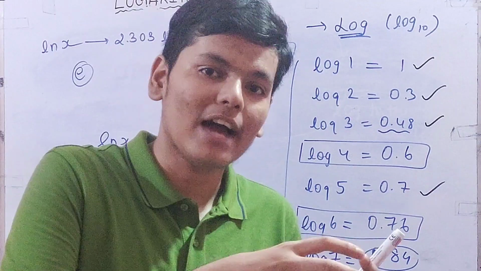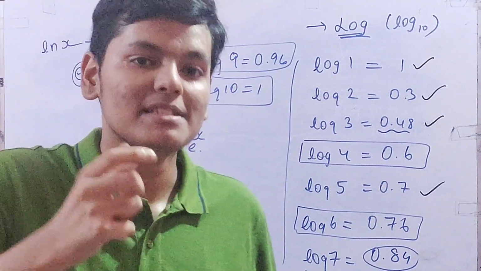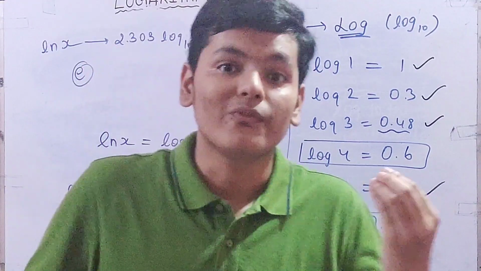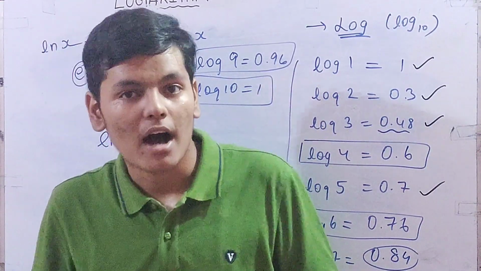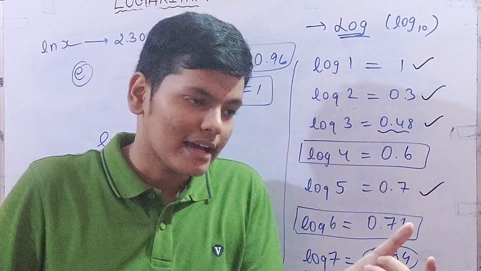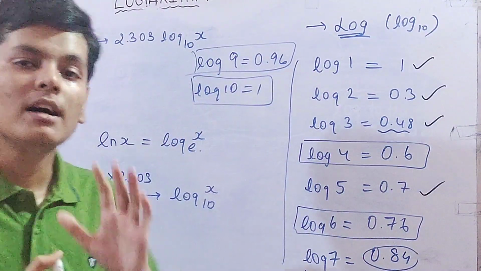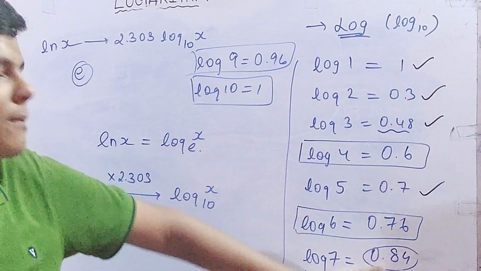It means that we do not have any starting thread of this topic; we just randomly started. What did we do till now? We just learned what is the meaning of logarithm, what is the meaning of anti-log, how we can express exponents as logarithms, and we learned some basic log values. Till now we have left this topic 100% hanging. We don't know how to complete this topic.